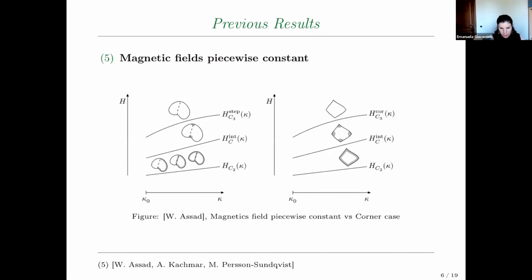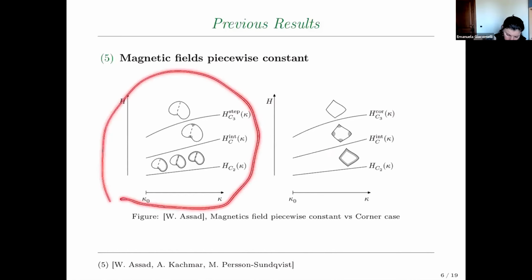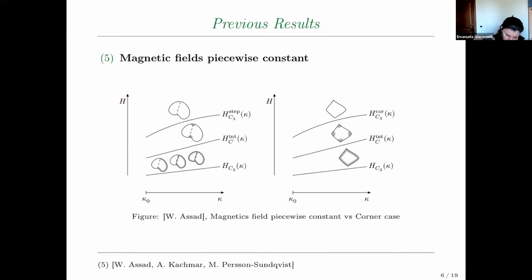And before doing that, let me just show you this picture, which I borrowed from Vafa, because she together with Ayman and Michael studied what happens in the case in which you have magnetic fields which are piecewise constant. In particular, this is the situation they have, and the jump of the field happens along this curve here, which is supposed to be smooth.